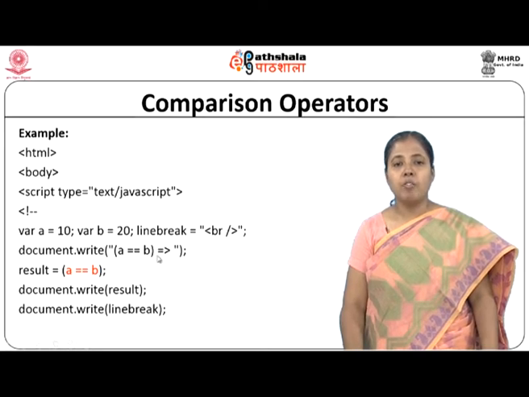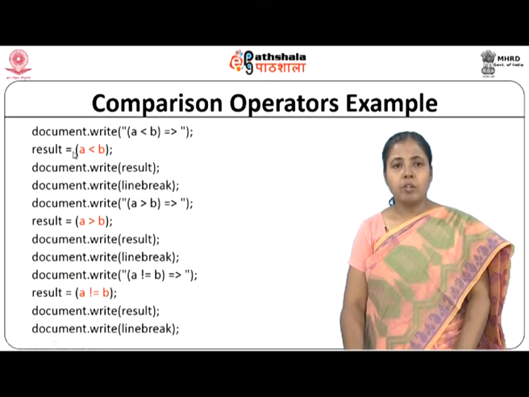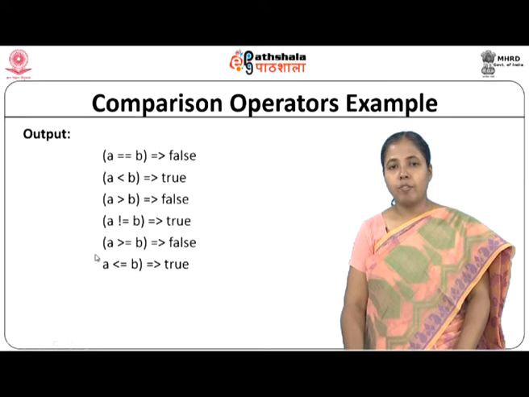We check if A equal to B, and then whether A is less than B, or whether A is greater than B. You are giving an expression assigned to a variable, and you are checking with all the different operators.